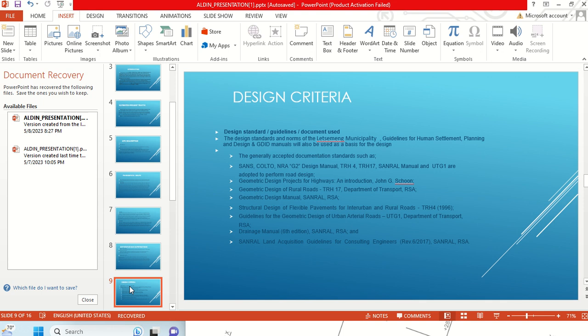And since we're going to be dealing with drainage as well, I've also included the drainage manual, which falls under SANRAL RSA, and the land acquisition guideline for consulting engineers.